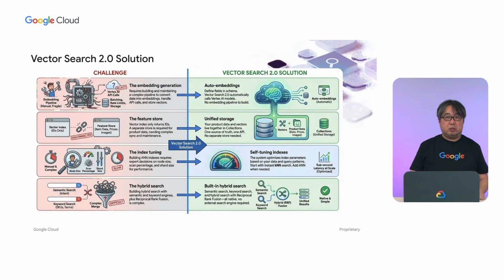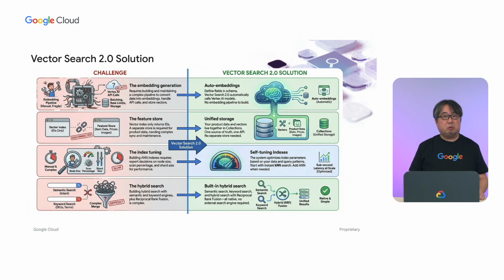So that was vector search, but there have been many challenges to build a production vector search setup by yourself. And VS2 provides many new functionalities that solve those challenges. For example, the first challenge is embedding generation. In the past, you had to build a data pipeline that passes the data to the embedding model.